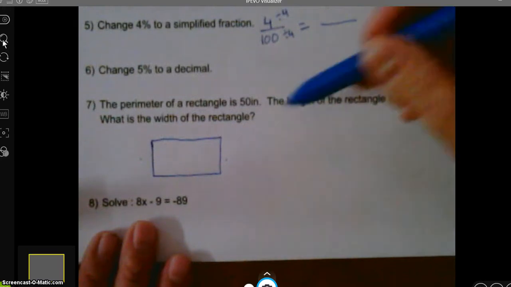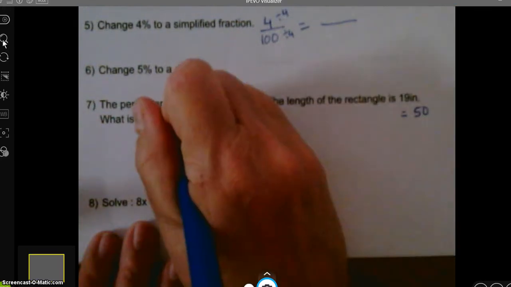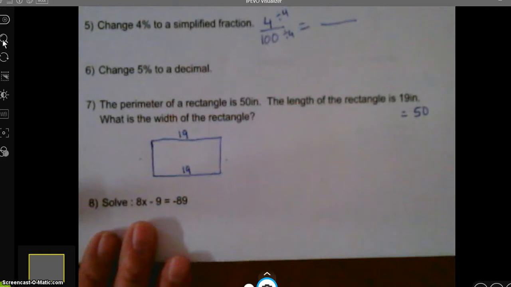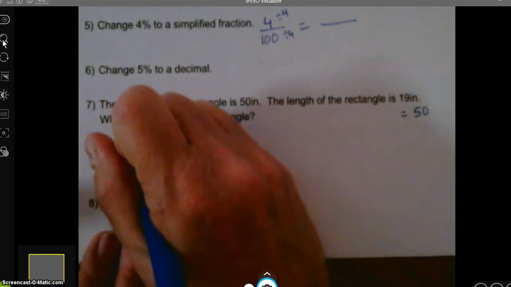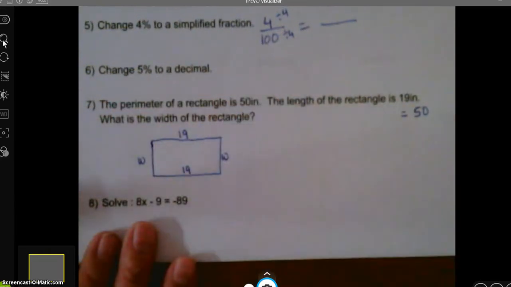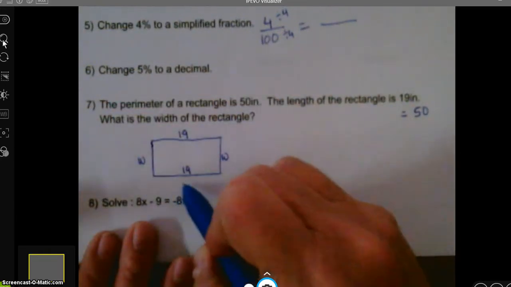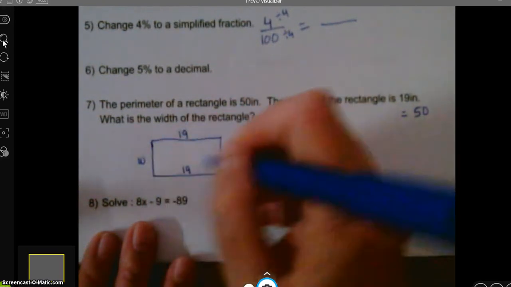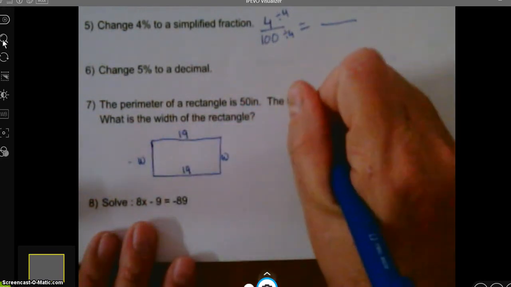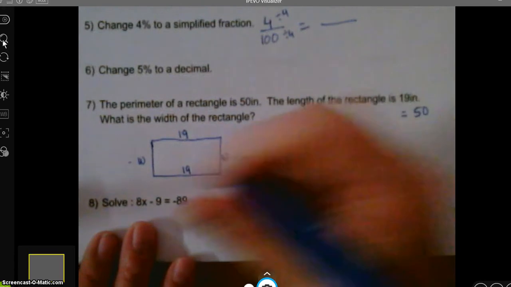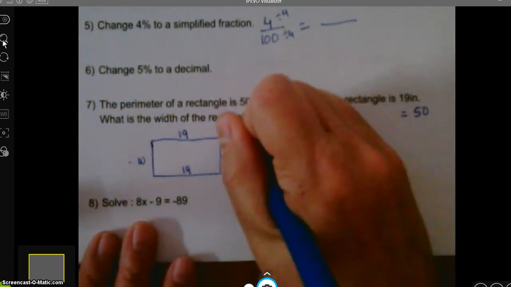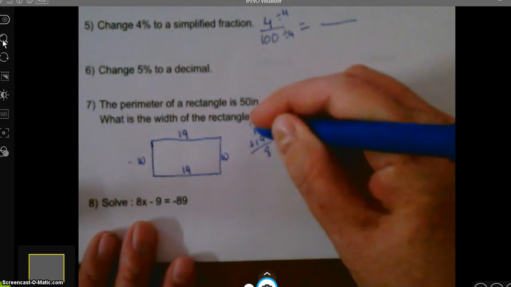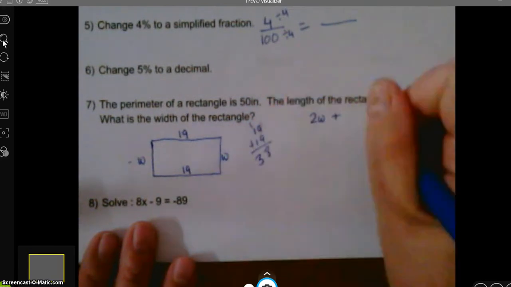Well, I add all the sides. So I know that the length of the rectangle is 19, and yes, I know there's other ways to think about this. Trust me, I know that. I do not know the width. Okay? So what I know is 19 plus W plus 19 plus W is going to give me 50. So W and W, that gives me 2W. 19 plus 19, I know what it is, but if you don't, 9 plus 9, 18, carry the 1, 1 plus 1 plus 1 is 3.